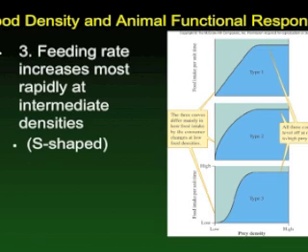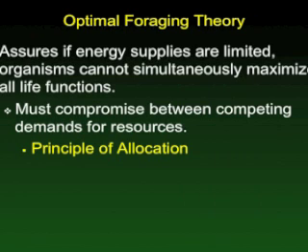So the last section we get into is the optimal foraging theory. In this case, we're talking about how animals have to reduce in some area of their lives if resources are limited. And in most instances, resources are very limiting.